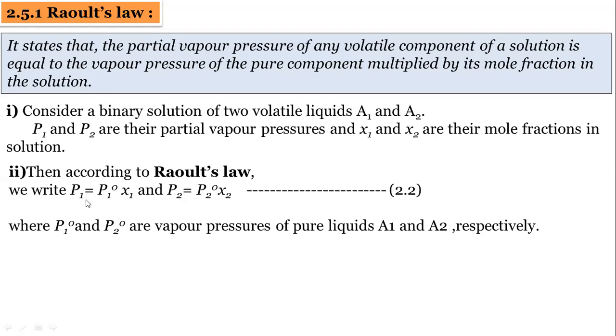P1 is the partial vapor pressure of a volatile component. P1 is the vapor pressure of volatile component A1, and P2 is the vapor pressure of volatile component A2, because A1 and A2 both are volatile. So P1 is equal to P01 into X1.